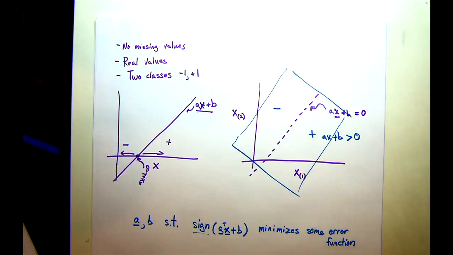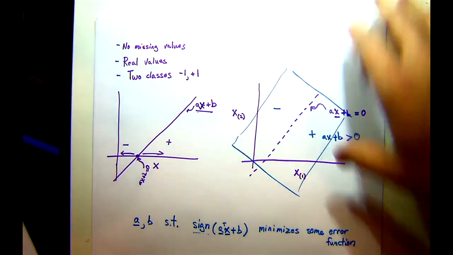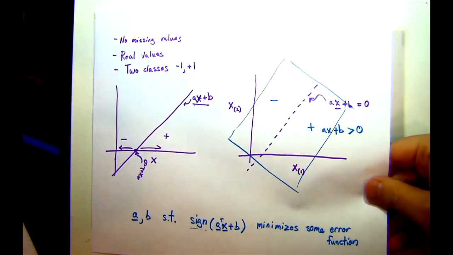Basically, the different functions that you could minimize correspond to a bunch of different linear classifiers that exist out in the world. We're going to talk about SVMs right now, but there are many different linear classifiers that we could talk about. And we will later on, when we get to regression, talk about different kinds of linear functions and error functions. Okay.